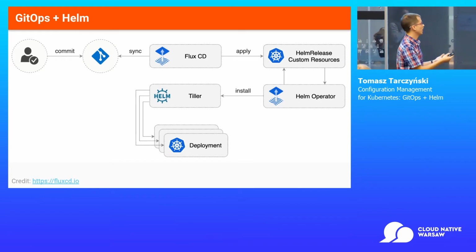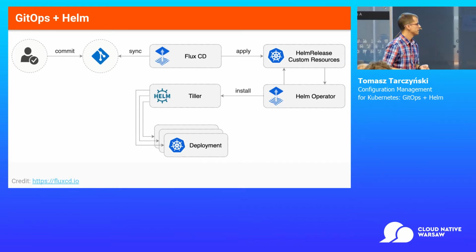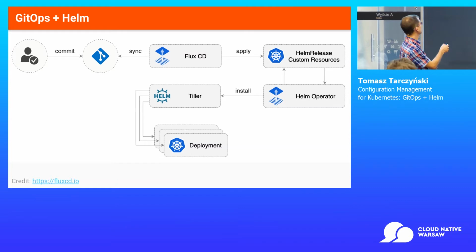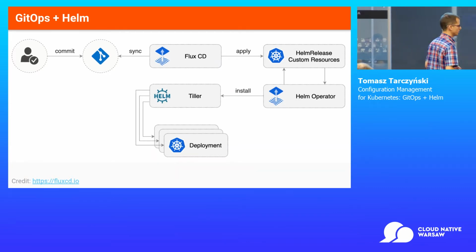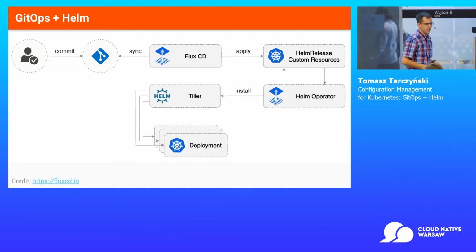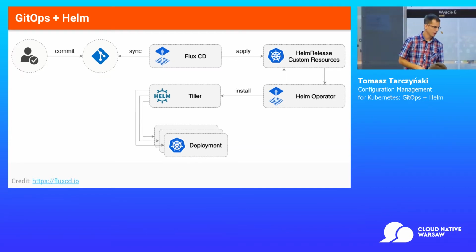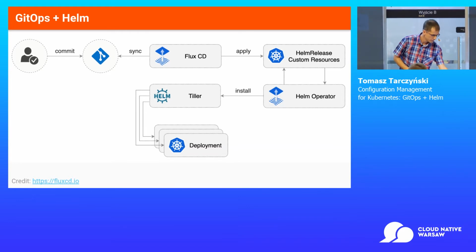One type of those that I define are the Helm releases, those custom resources. And then there is this second daemon, the Helm operator, that would constantly make sure that all those Helm releases get actually installed using Helm inside my cluster. And those applications that are defined are actually installed.